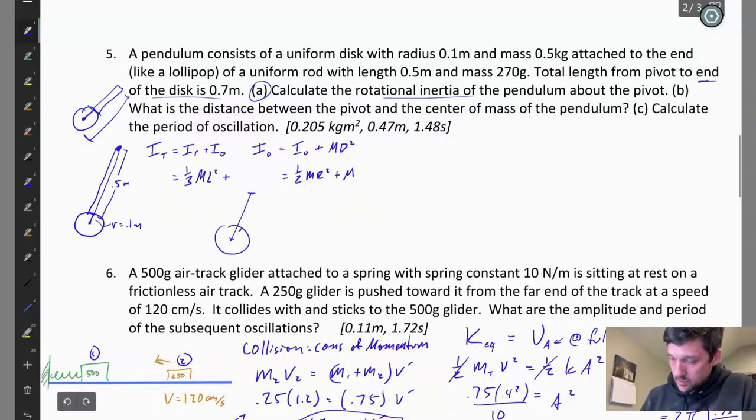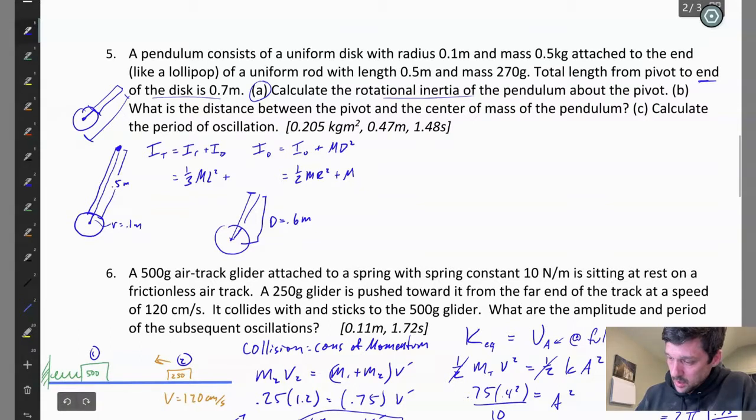And the radius is 0.1 and the distance all the way out to the end of the rod is 0.5. So the d is 0.6 meters. This disk is rotating at a point 0.6 meters away from its own center.